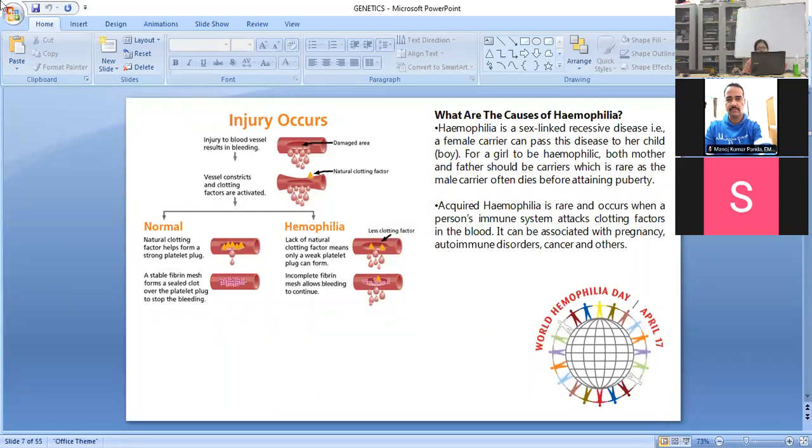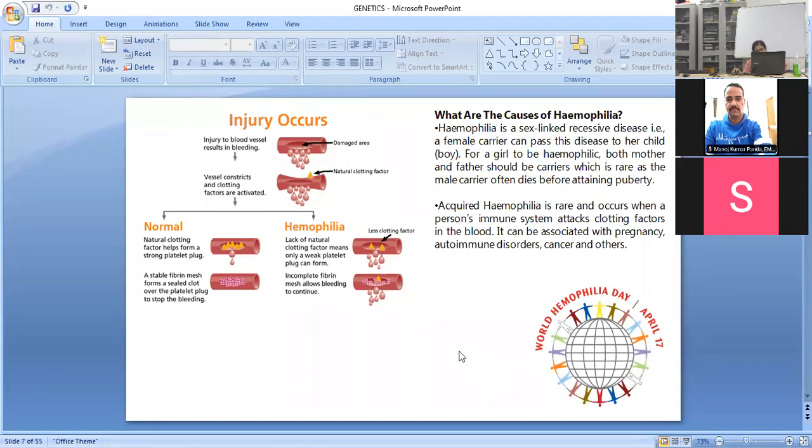What happens here is, if it is an acquired condition, the person's immune system can attack the clotting factors, and these clotting factors will not do their purpose and clotting will not occur.